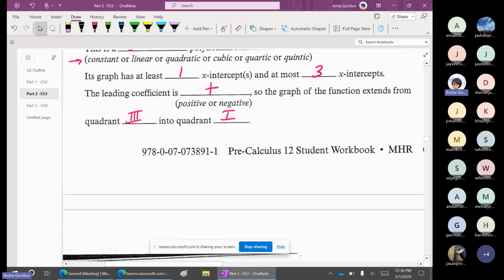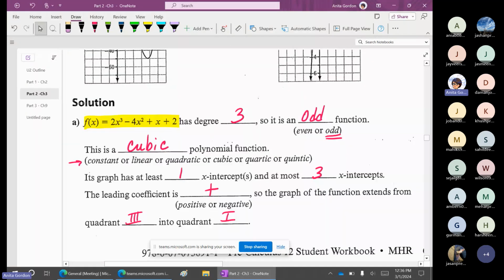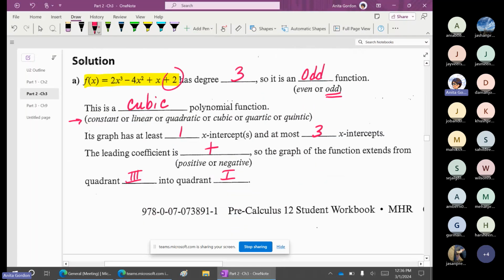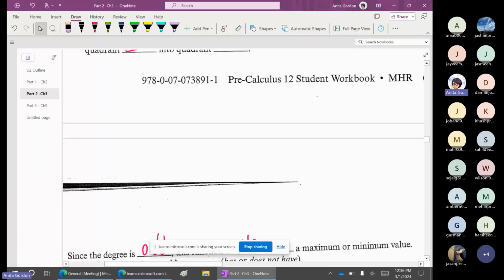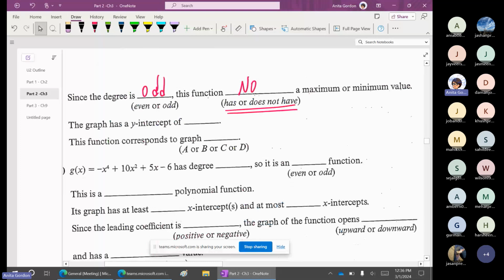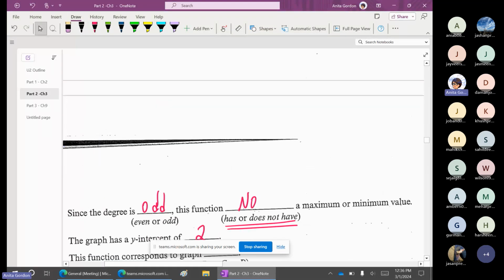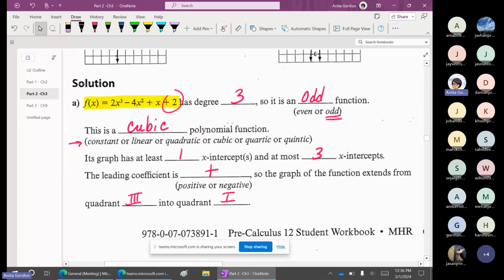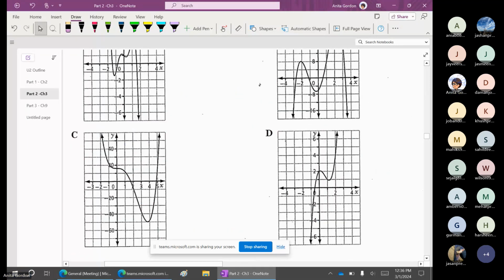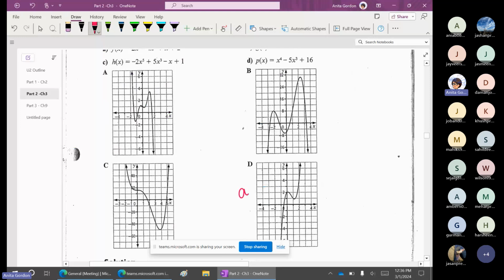So look at the function. My y-intercept is at 2. Okay, so a cubic function, y-intercept at 2, and it is positive. Which picture am I looking at? D. So equation A goes with letter D.